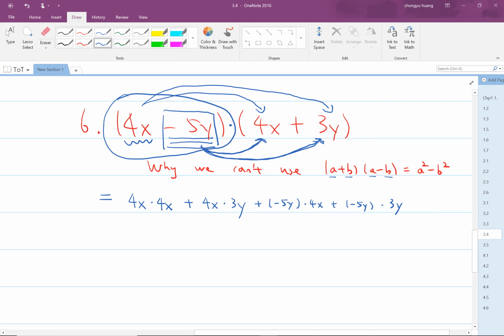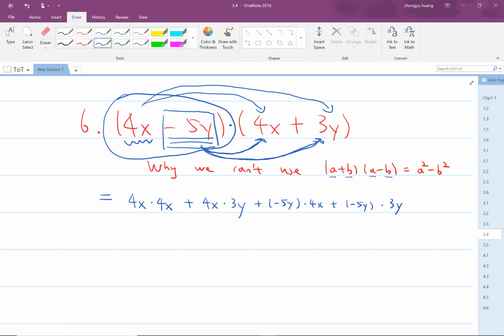Now basically you're already on the right track. You already finished the multiplication. The simple logic over here is that you multiply every term on the left hand side with every term on the right hand side.